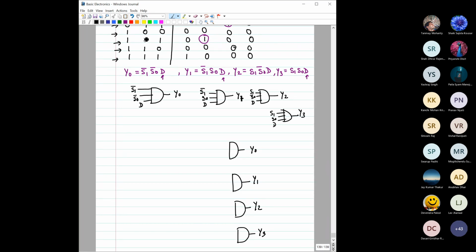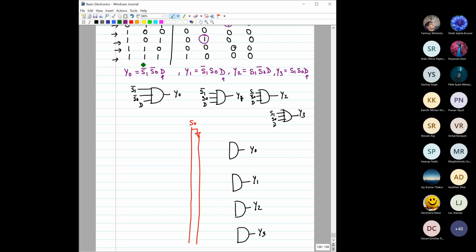And you have these selection lines, S1 and S0, right? So let us first draw this S0. S0 will come like this, and we also need S0 bar, so let us put this S0 bar like this here.